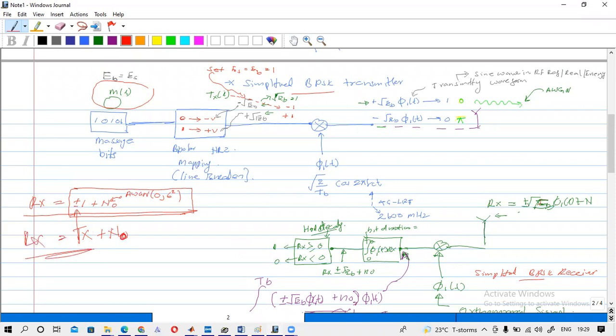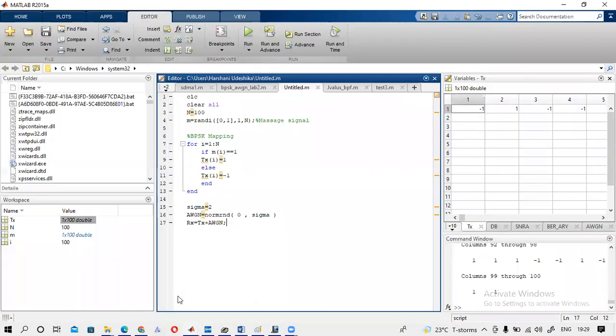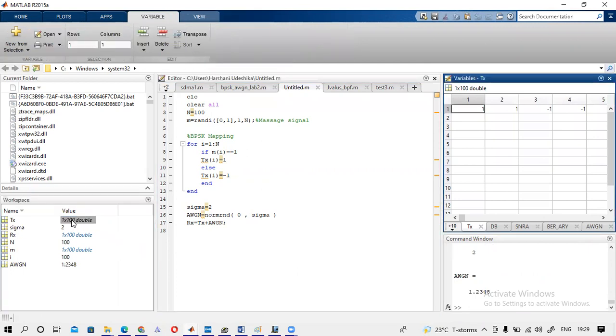If I see the received signal, you can see that my tx signal has 1, 1, 0, minus 1, minus 1, so 1 and minus 1 are there.